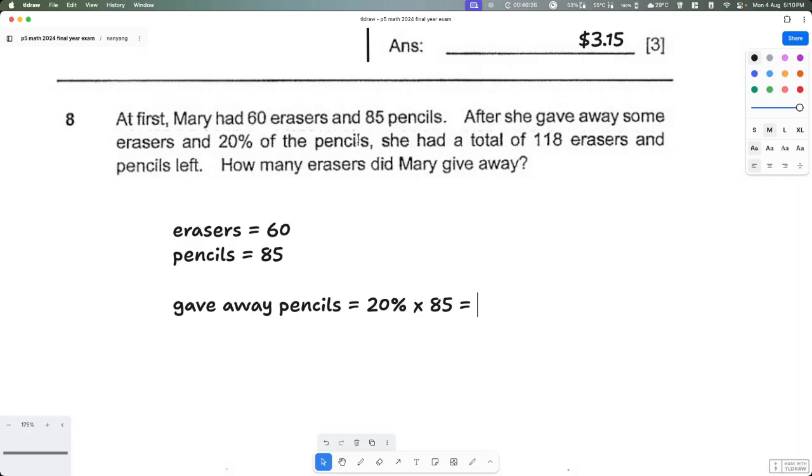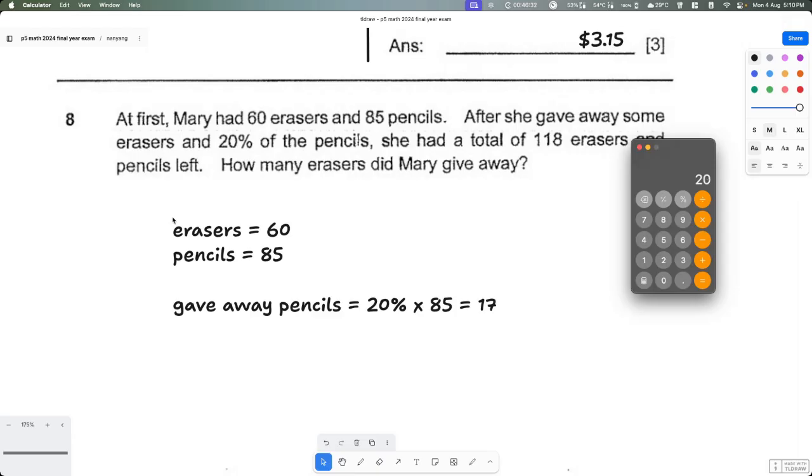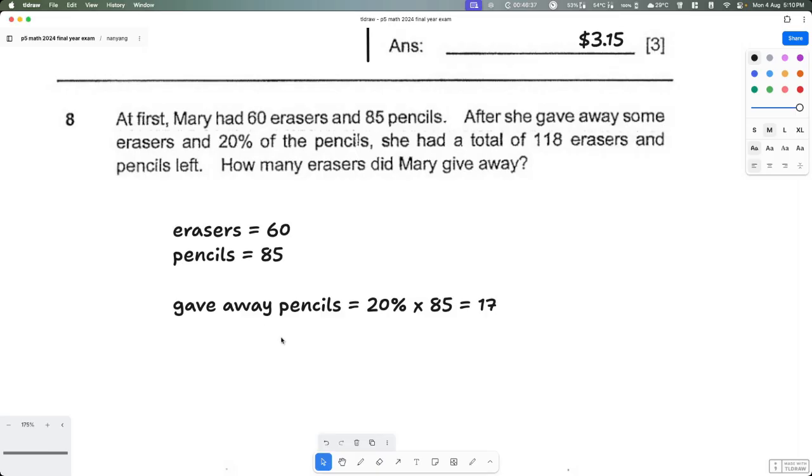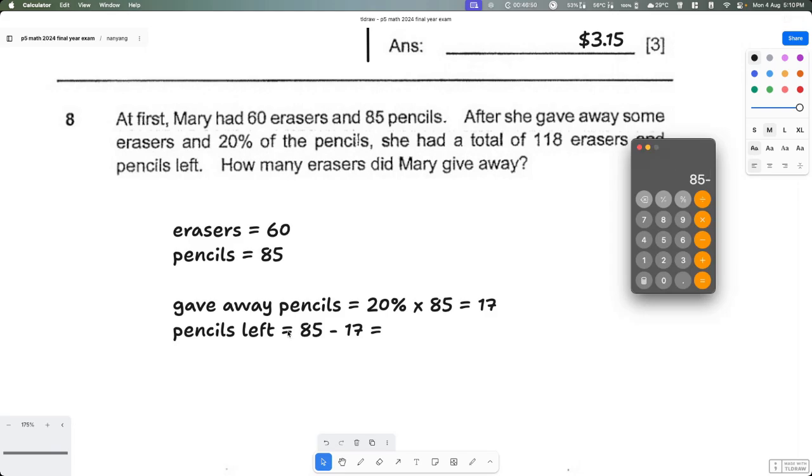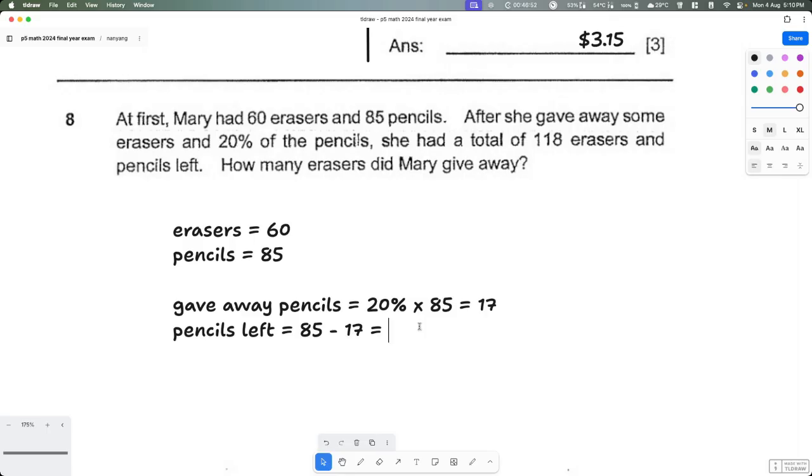1/5 of 85 should be 17. Let me double confirm. 20% multiplied by 85 will be 17. So that means pencils left is equal to 85 minus 17, and this is 68. Total erasers and pencils left is equal to 118.